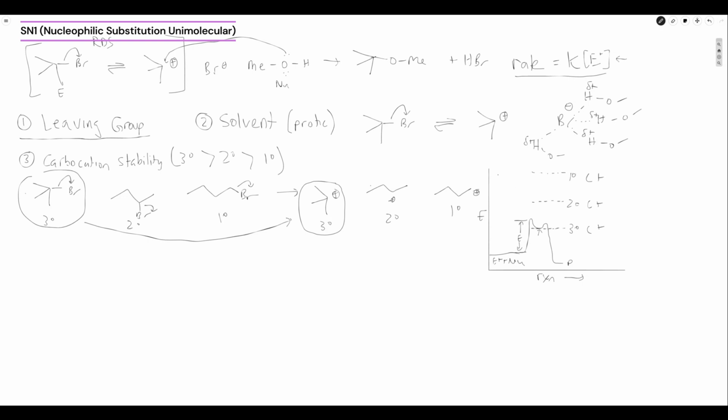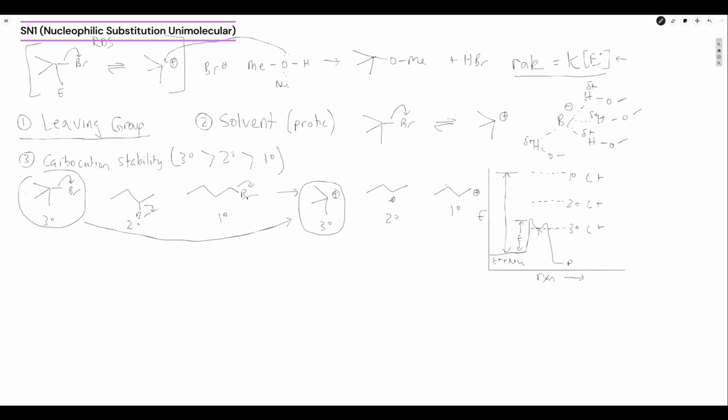And what this means is that for the primary system, the energy level that needs to be overcome in order to generate the carbocation intermediate is prohibitively large. It is too high of an energy difference to be able to achieve given reasonable reaction conditions.